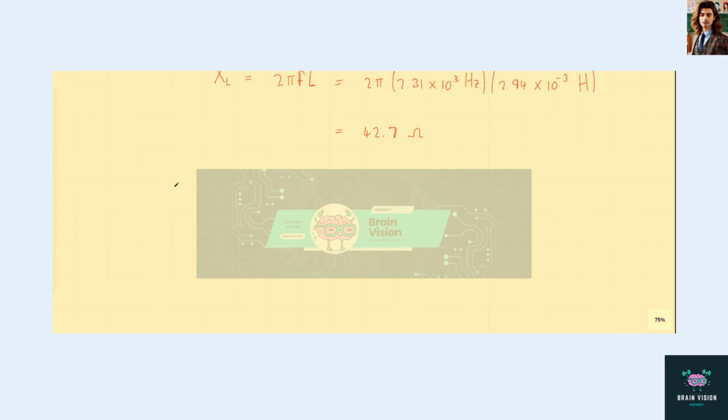Now from here we can find the power factor. But before that, we need to find the phase angle. The phase angle phi is equal to arctan of (XL minus XC) over R. This is the arctan of 42.7 ohms minus 13.5 ohms, divided by the resistance R, which we calculated to be 4.84 ohms.